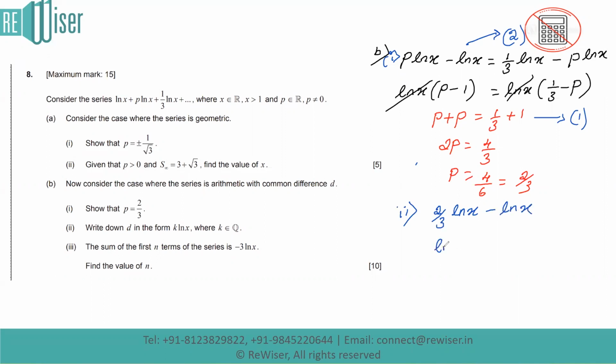Here if I take ln x common out, it's going to be 2 by 3 minus 1. If I simplify this, making the denominator the same, I'll be getting minus 1 over 3. So this is the same as minus 1 by 3 times ln x, where the value of k is going to be minus 1 by 3. And this would carry 1 mark.